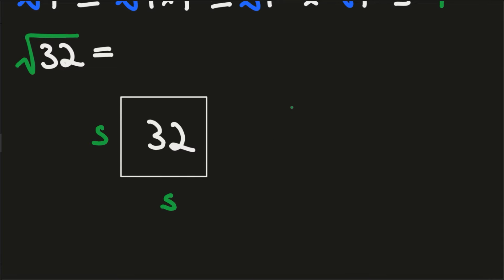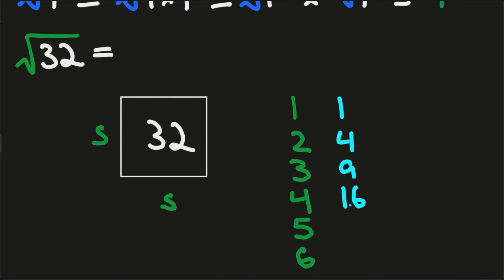In other words, there is no integer number that would give us 32 when squared. You know that 1 squared is 1, 2 squared is 4, 3 squared is 9, 4 squared is 16, 5 squared is 25, and that 6 squared is 36. Notice how it should be in between these two numbers.